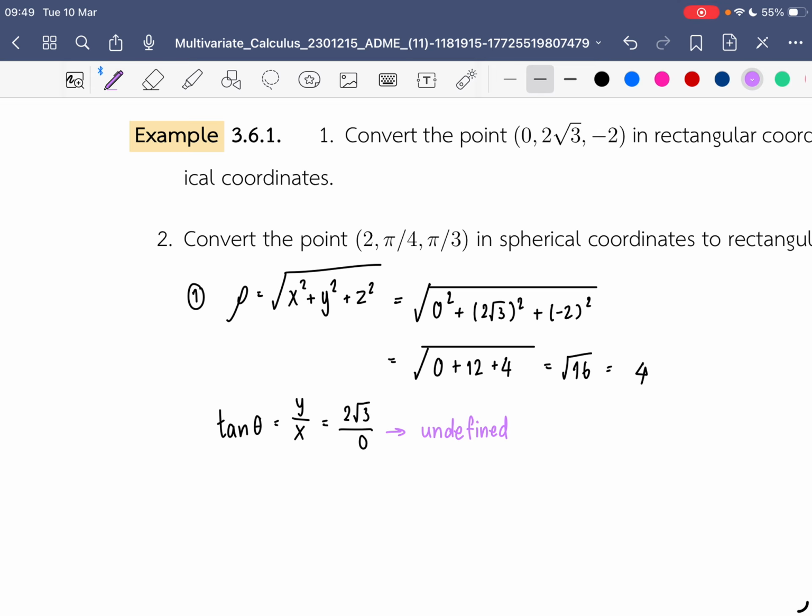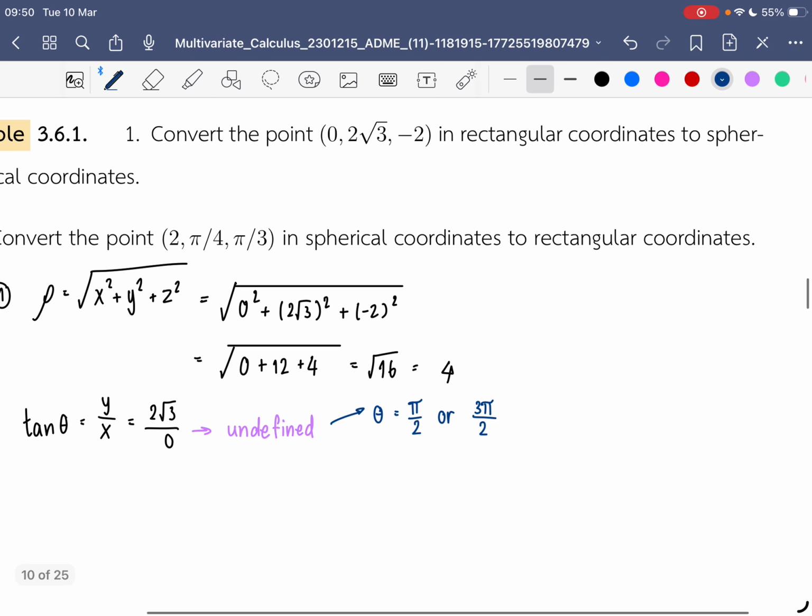Pi over 2, right? Maybe you have pi over 2 or 3 pi over 2. You have to check the sign of y also. So in this case, theta is pi over 2 or 3 pi over 2. But look, the value of y is positive. So you eliminate the 3 pi over 2. This will not count.